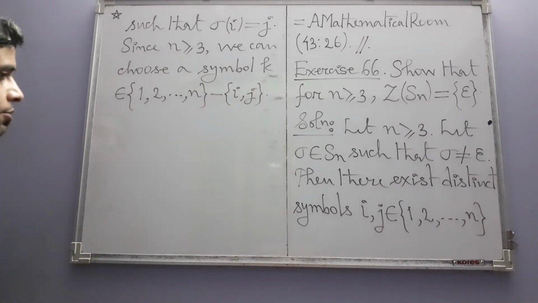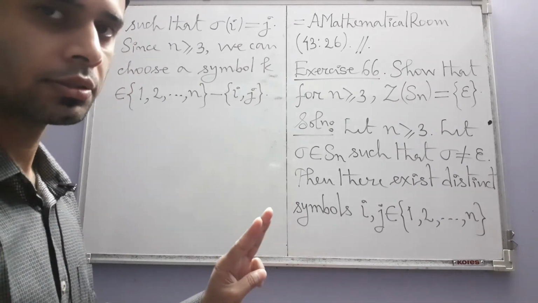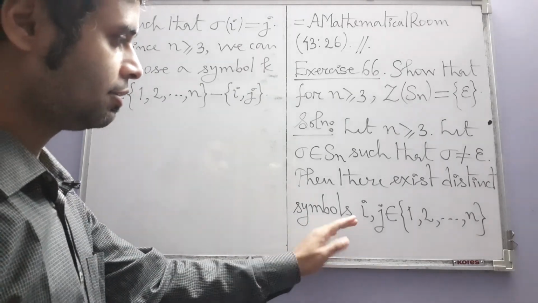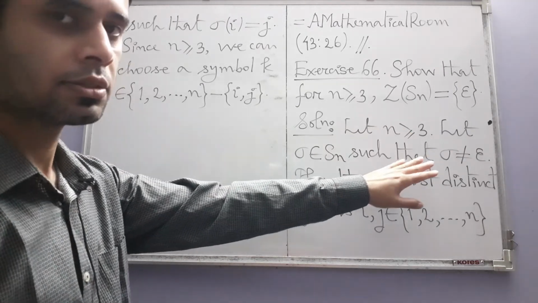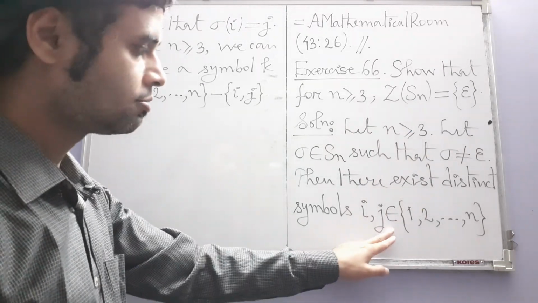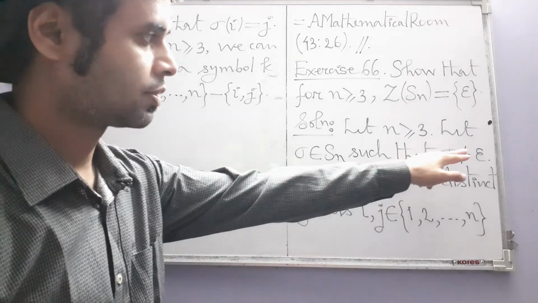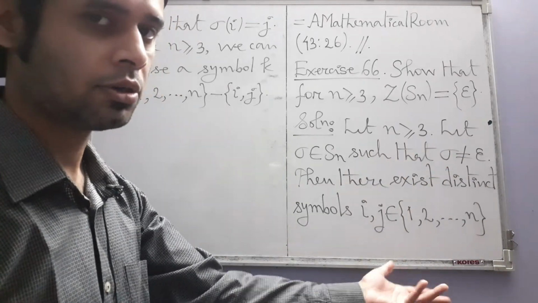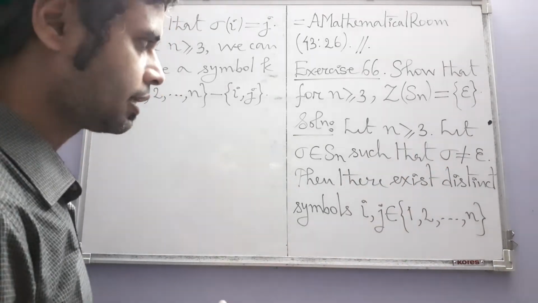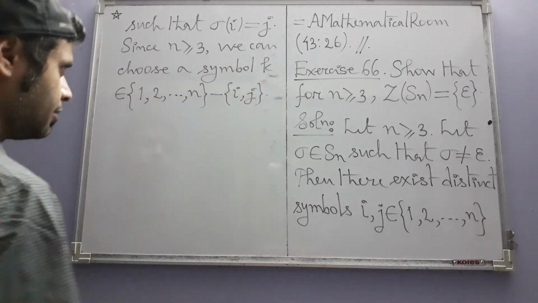Why is that so? That is because we have at least 3 symbols. So in the smallest possible case where n is 3, after getting i and j from here due to the non-identity nature of sigma, you still have one more option left for you. So that can always be chosen, k, which is different from both i and j.